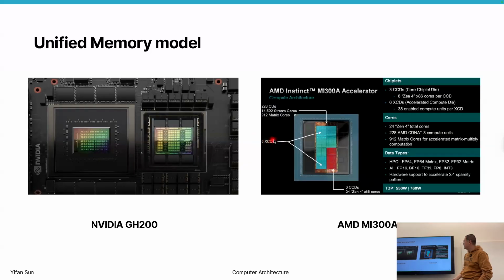They call them accelerated compute dies. And CCD is core chiplet die. So basically this red part is the CPU and the blue parts are the GPUs. Okay, and where's the memory? It's basically here on the side. So AMD has a more fundamentally unified system.